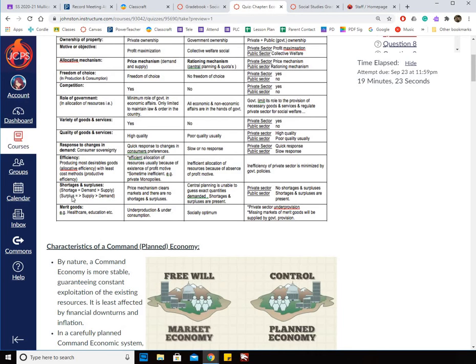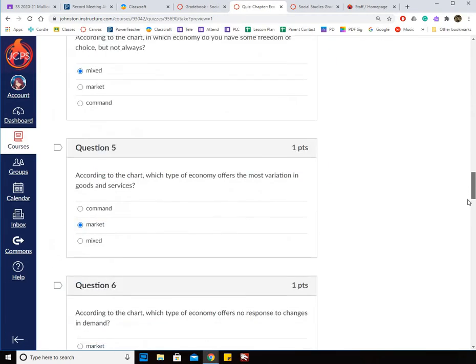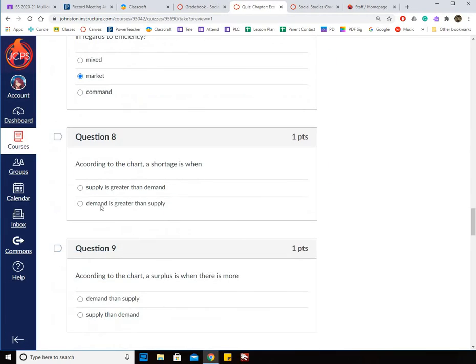Surplus, so that's when you have too much, is when you have greater supply than you have demand. So demand is the people demanding something, and supply is the item. So when more people want something, like toilet paper.